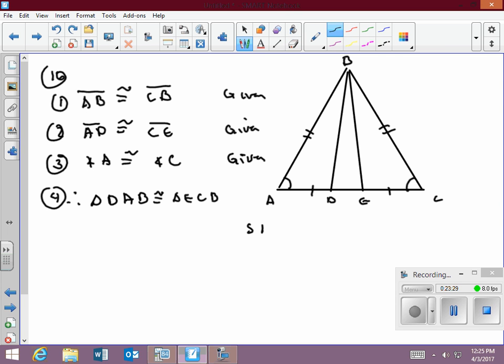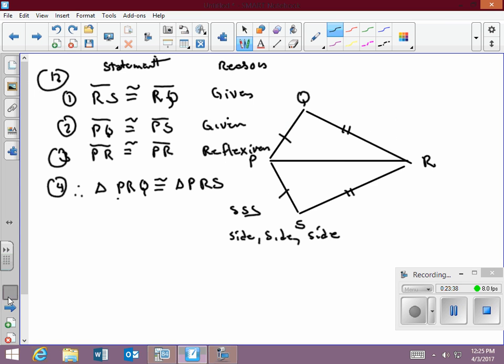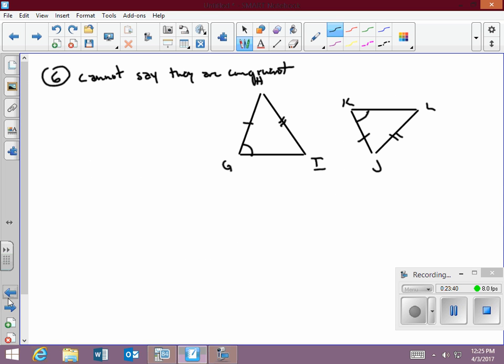Side, angle, side. So then why wasn't number 6 something we could conclude? We had two sides and an angle. See, this thing is side, angle, side, the angle has to be between the sides.